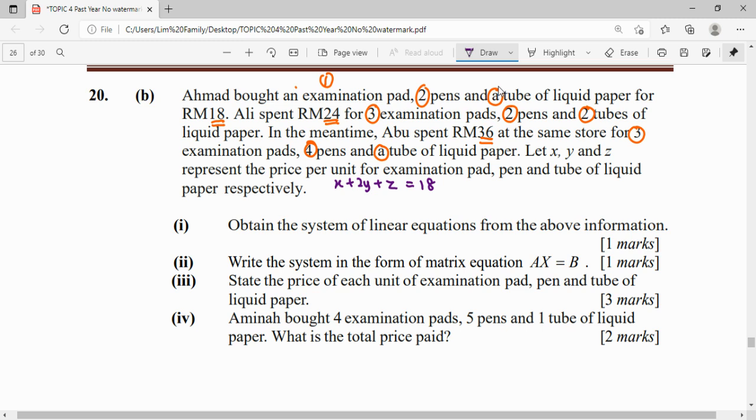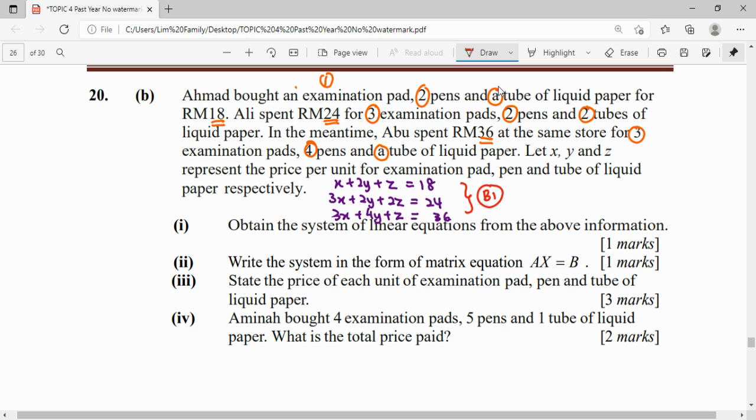For the second person, Ali, it will be 3X plus 2Y plus 2Z equals 24. And last one, for Abu, it will be 3X plus 4Y plus Z equals 36. So all those three equations will give me 1 mark.